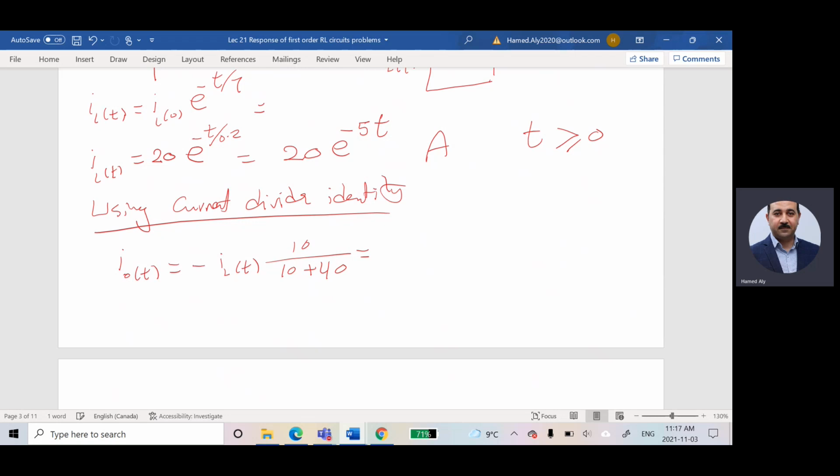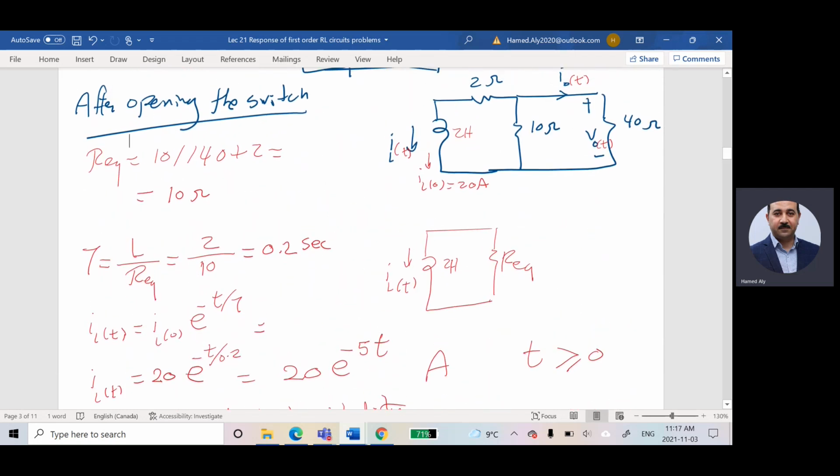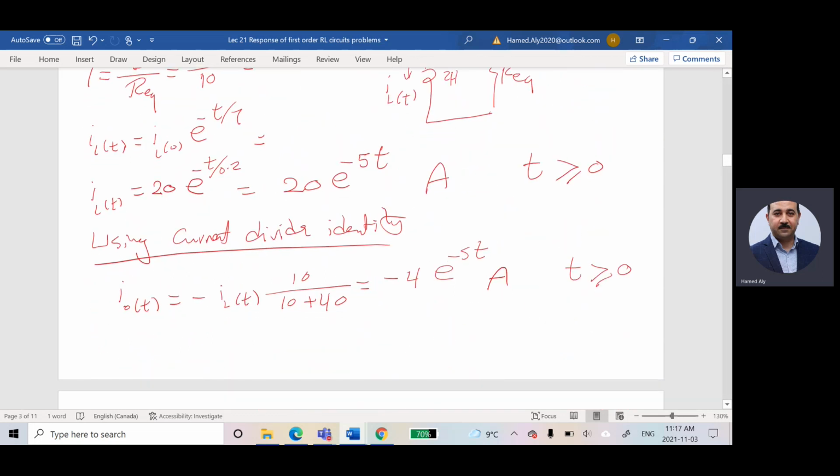If you try to calculate this guy, it's equal to negative 4 times e to the power negative 5t amps in case of t greater than or equal to 0. Positive or negative or any 0? It's positive because this is after moving the switch. So this is 0 positive.